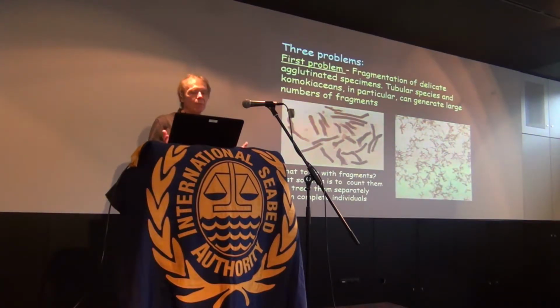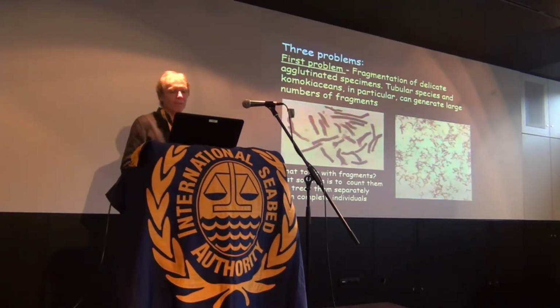Now, there are three problems with monothalamids. The first problem is fragmentation of very delicate agglutinated specimens. This is a particular problem with tubular species and komokiaceans. And these can generate very large numbers of fragments.